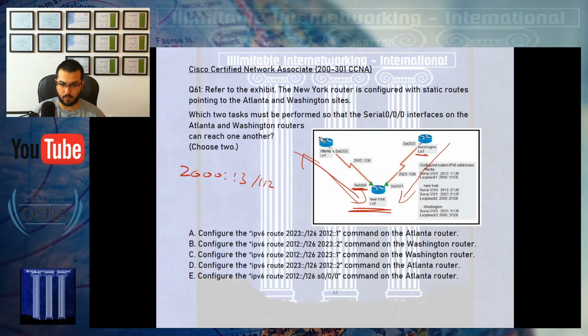And my next hop from Atlanta to reach Washington should be serial 000 of New York, which is 2012::2/126. Yes, New York serial 00. So we have three answers from Atlanta. One of them should be an IPv6 route to 2000.